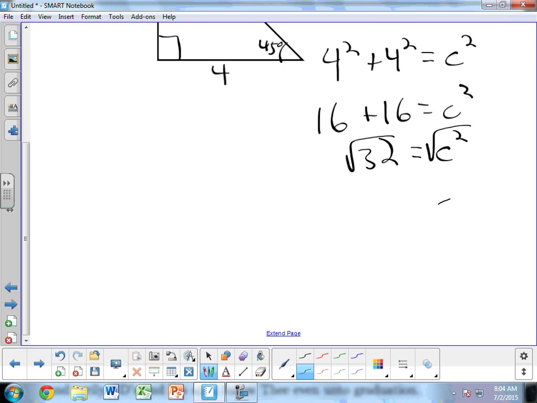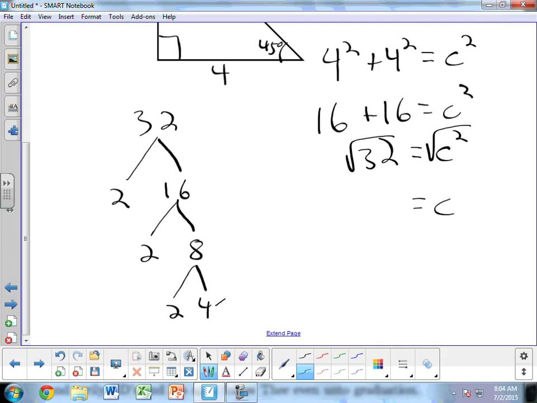So that we see that c is, again, let us rewrite this using a factor tree. So 32 divided by 2 is 16. 16 divided by 2 is 8. 8 divided by 2 is 4. And 4 divided by 2 is 2. So we have 1, 2, 3, 4, 5 2's. So it's the square root of 2 times 2 times 2 times 2 times 2.